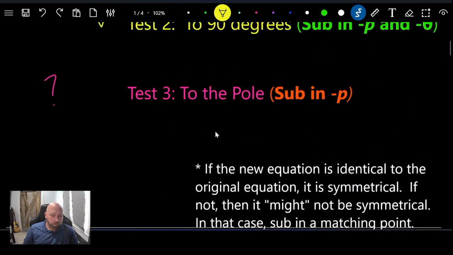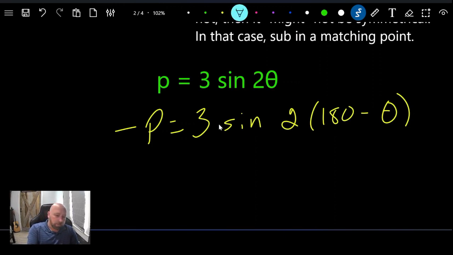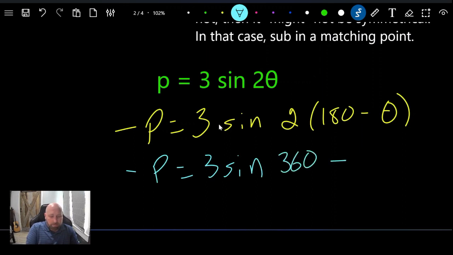And then also, as we're doing that, let's look at what the test is. The test is to sub in negative rho, so let's put negative rho in there. And so there we go. Let's look at what we get here. We get negative rho equals 3 sine 2 times 180, which is 360, minus 2 theta.